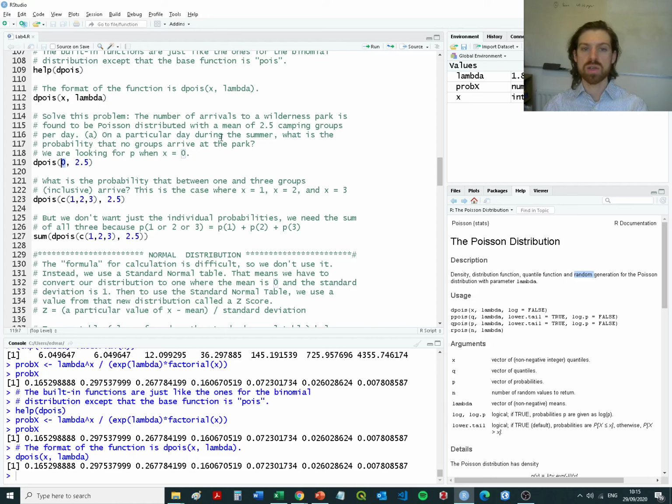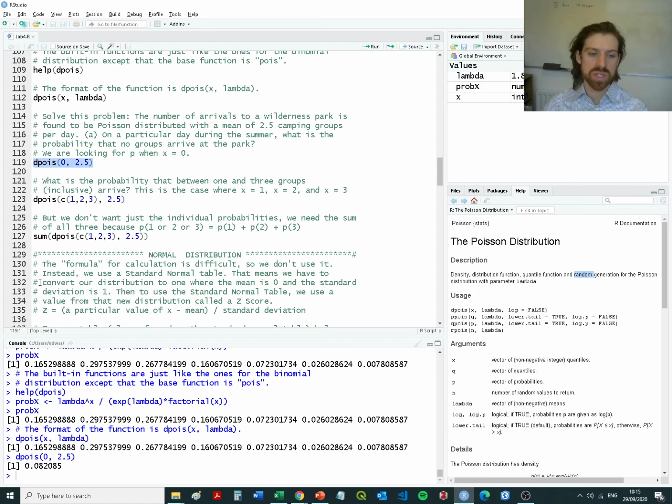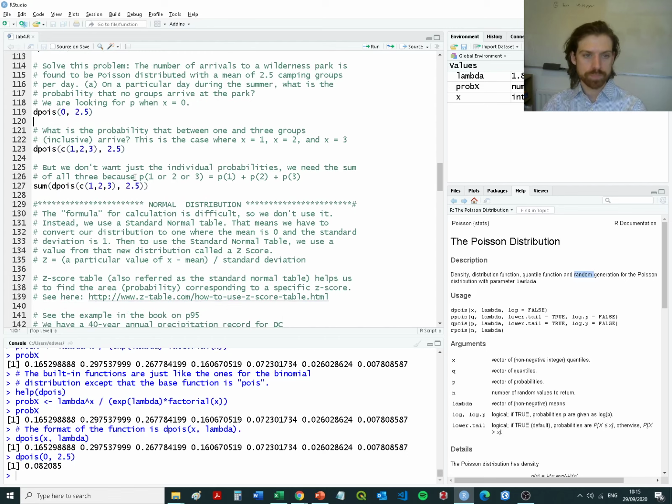This is the x value, and we're placing the lambda value, which is 2.5, also into the function. And the result that we get is 0.08, so 8% essentially chance of no groups arriving on a particular day. So that's how we would find this one particular outcome.